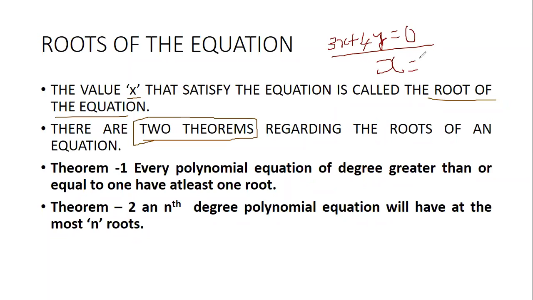For example, let's say x is equal to 4 and y is equal to 2. It might not satisfy as of now. So this value of 4 and 2, for x and y, is called the root of the equation. Understood now?